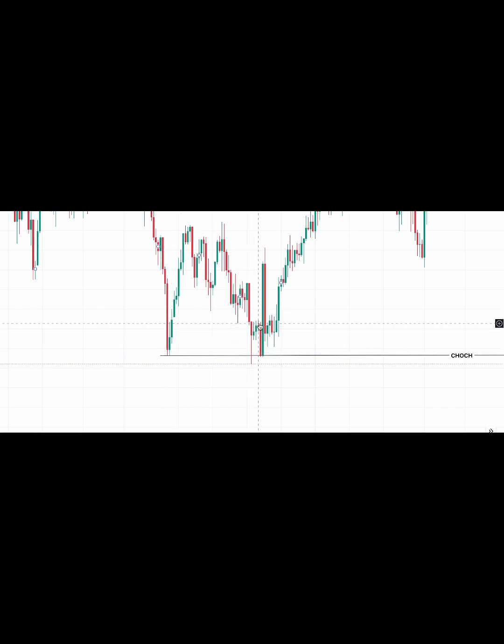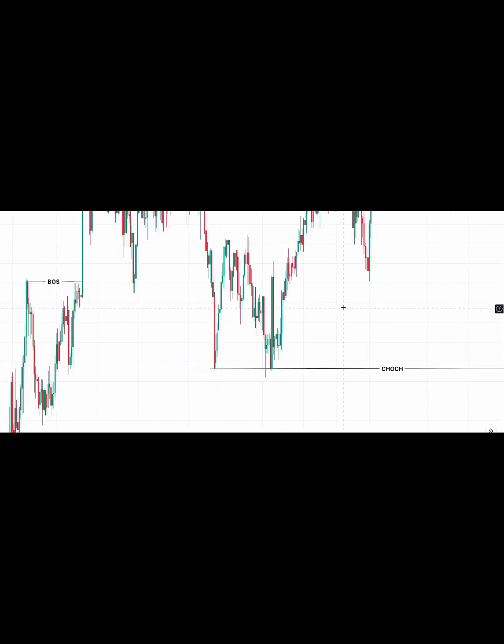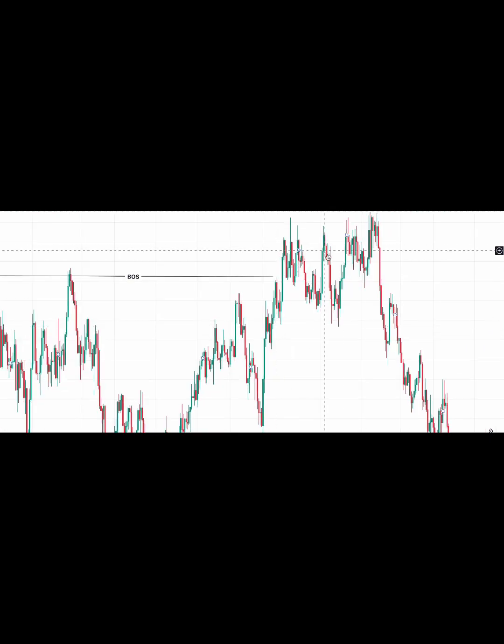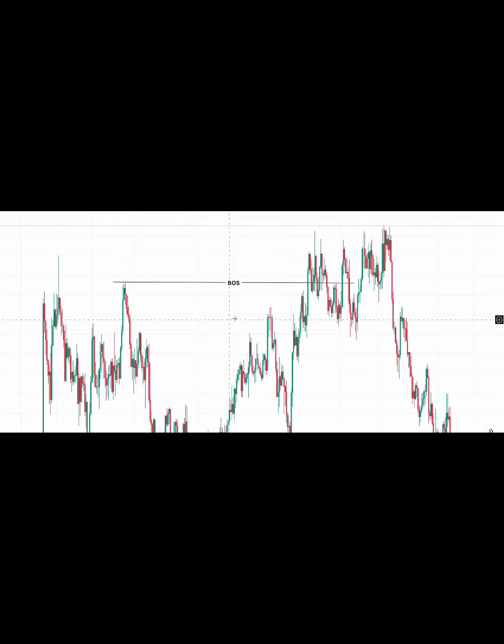So this is not a break of structure. And here another candle touches again, but didn't manage to close lower than this support, and the price moves upwards again. Have another BOS. Look at the previous high right here.